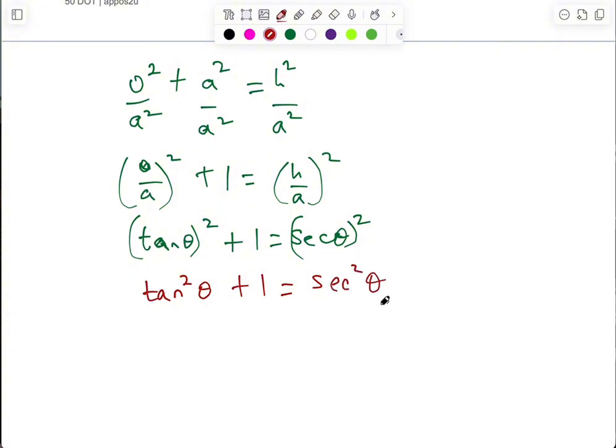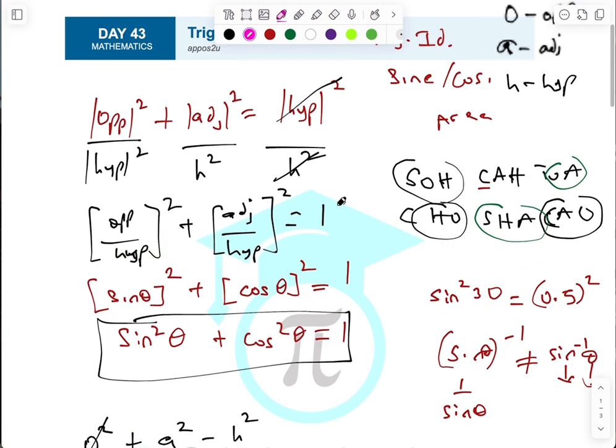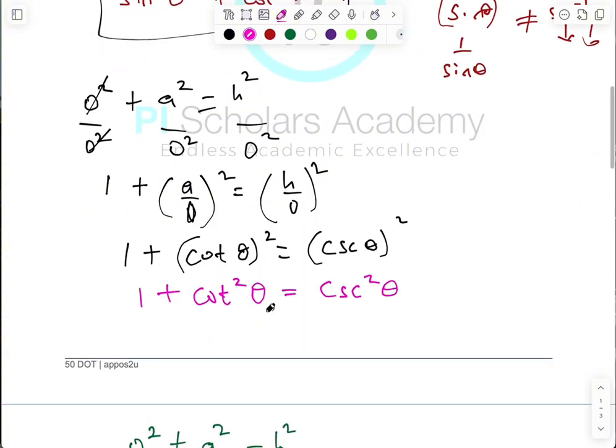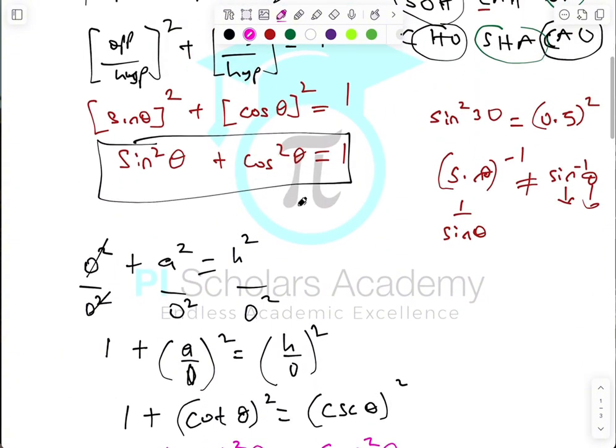Like I said, there are so many other trig identities, but these three, I'm going to focus on these three for this particular class. And then you can always manipulate these things around. For instance, the first one, we have that sine squared theta plus cos squared theta is 1. So that implies that sine squared theta is the same thing as 1 minus cos squared theta.